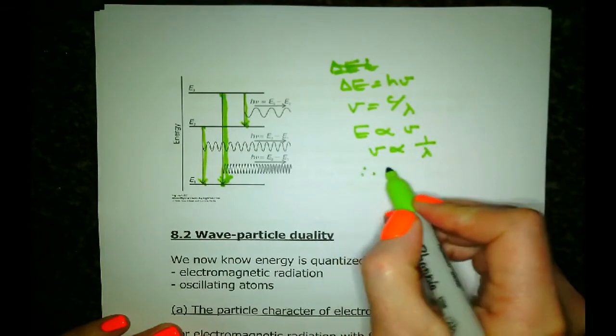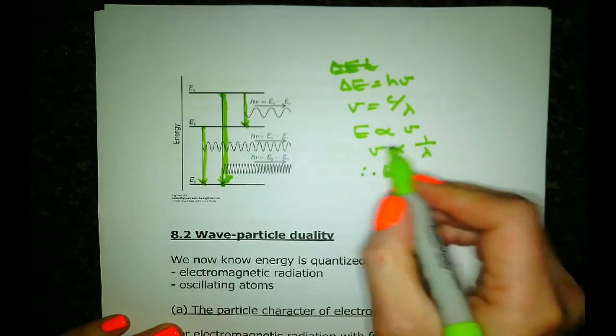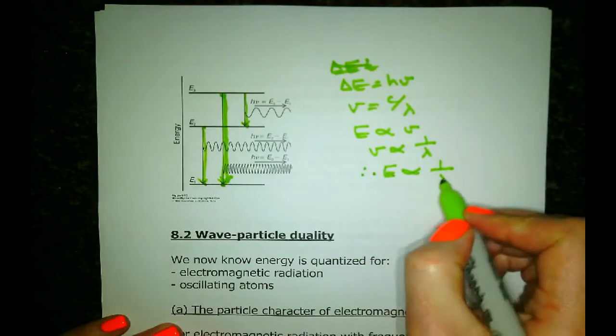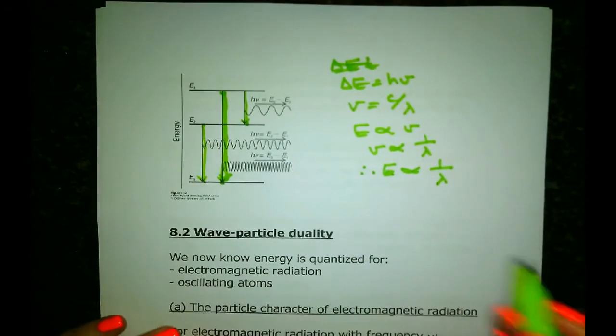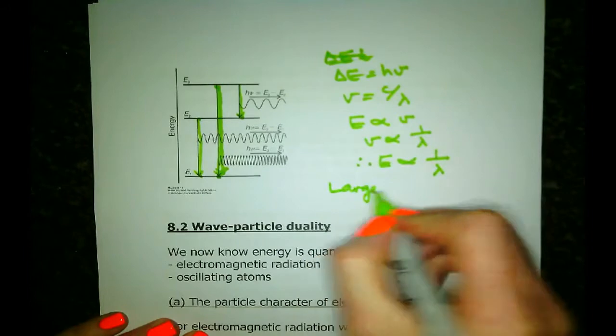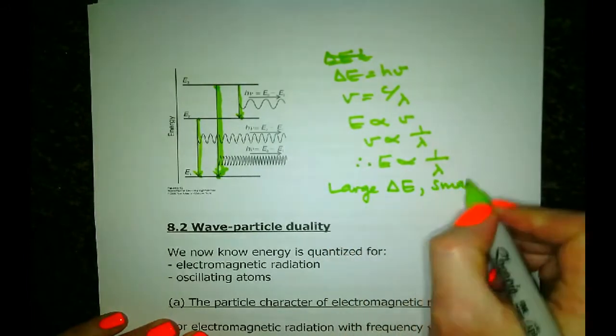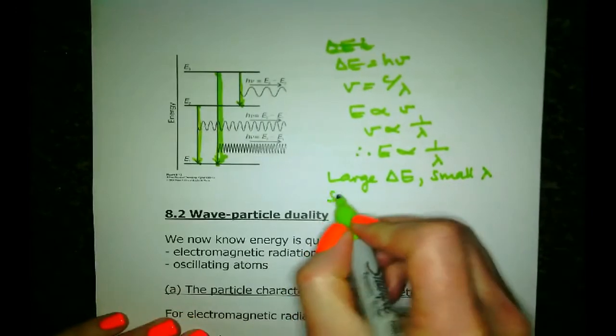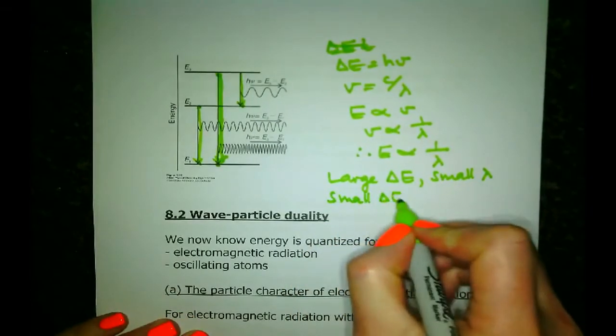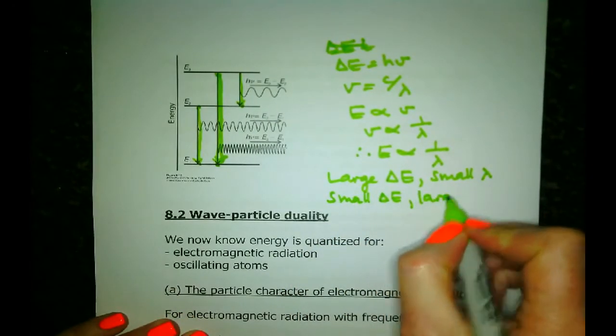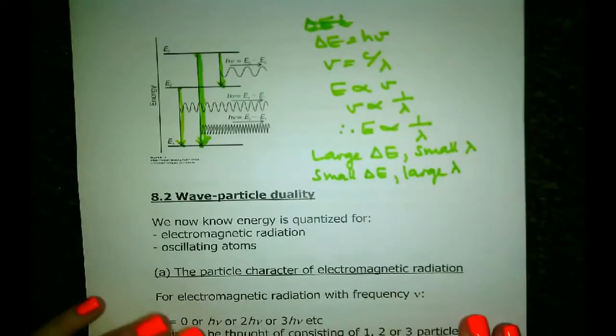So that means energy is inversely proportional to wavelength. So if you have a large delta E, you have a small wavelength, small delta E, large wavelength.